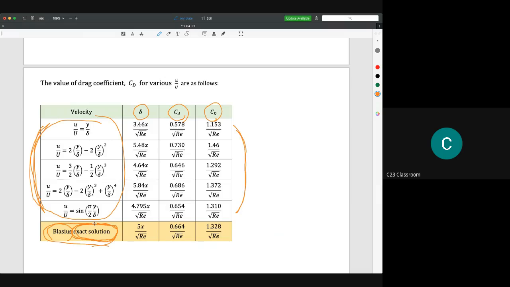It is because, for our calculation here, previously we said that the boundary layer is the distance in the y-axis from u equal to 0 until u equal to 0.99 capital U, meaning 99% of the free stream velocity.